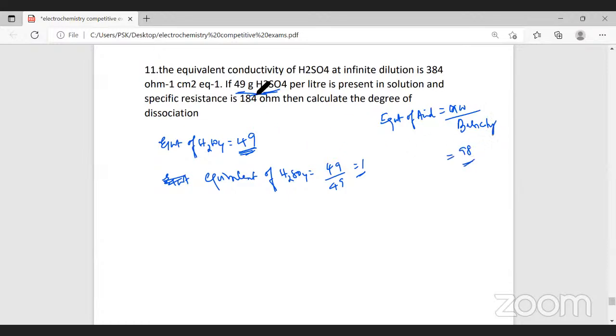Since sulfuric acid has 2 replaceable hydrogens, it's 98 divided by 2, which is 49. That is how we conclude the equivalent weight of sulfuric acid is 49. So 49 grams of sulfuric acid is 1 gram equivalent. Weight in grams divided by equivalent mass gives you 1 gram equivalent.